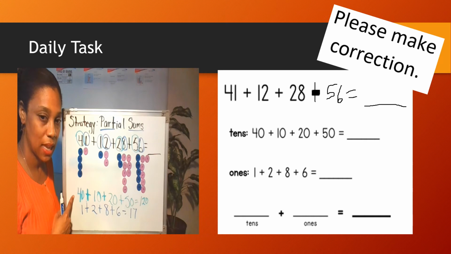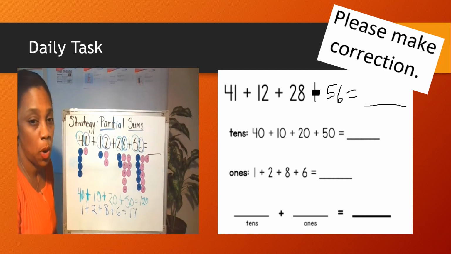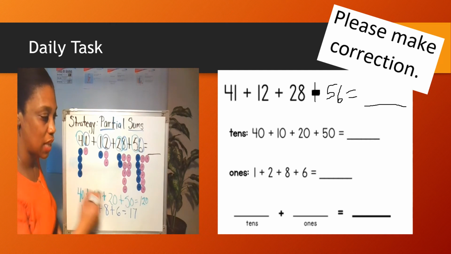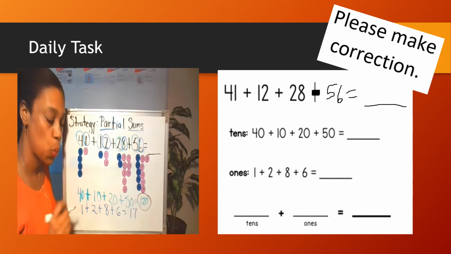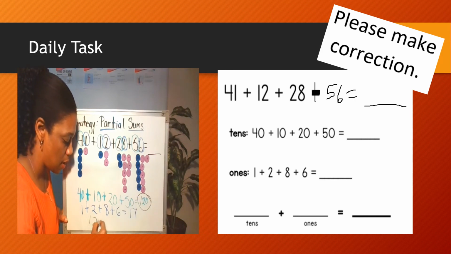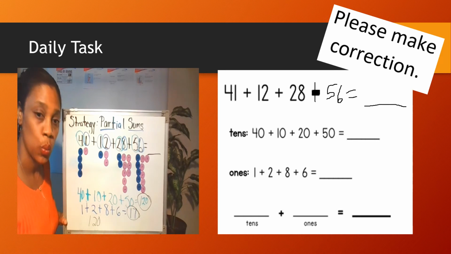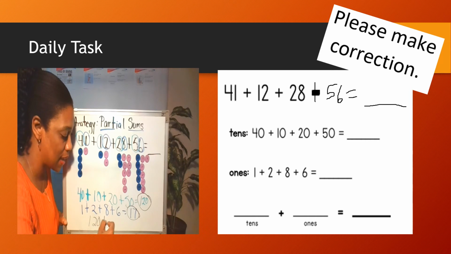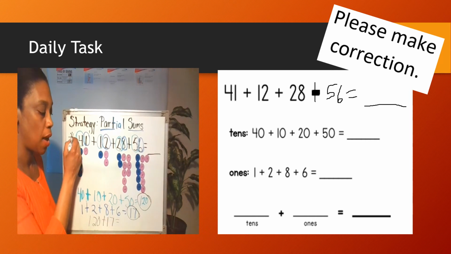I've added my tens. I've added my ones. The last part of this is that I'm going to take my tens that I added, which was 120, and I'm going to add that plus the ones that I added, which were 17, and add them together to get my answer for my original problem.